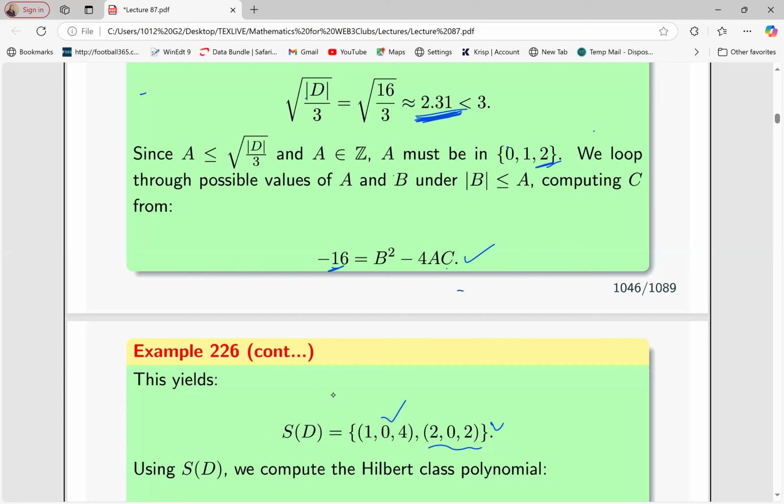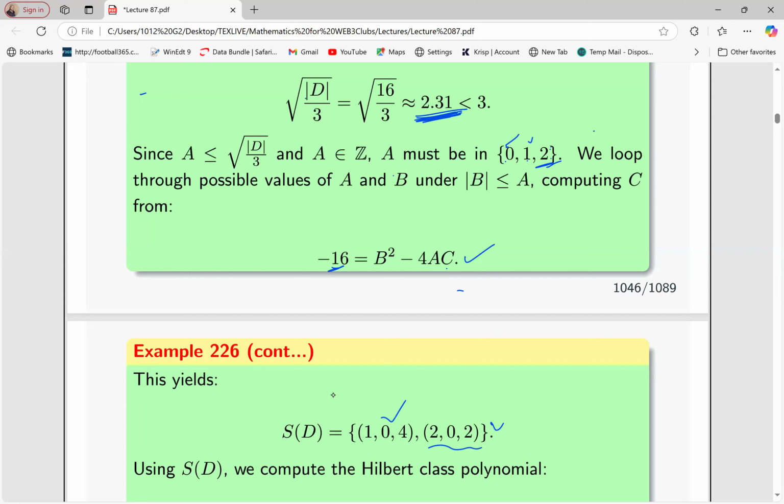That means A is supposed to be 0, 1, or 2. So let's consider 2 and see what happens. I think we considered 1 twice instead.